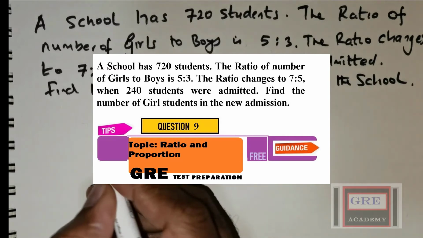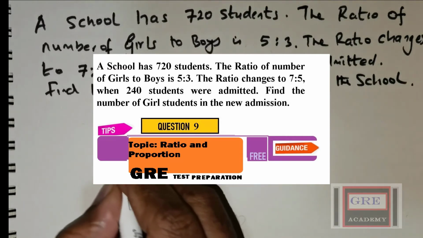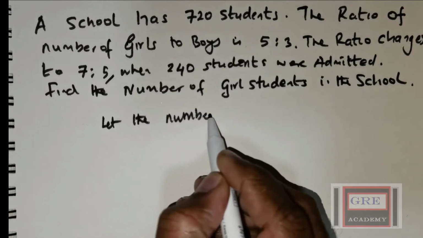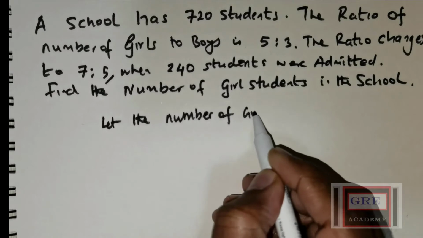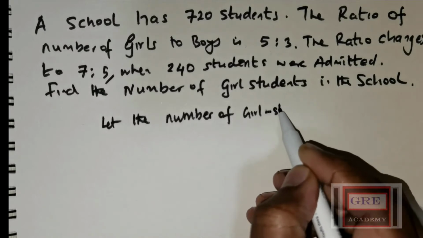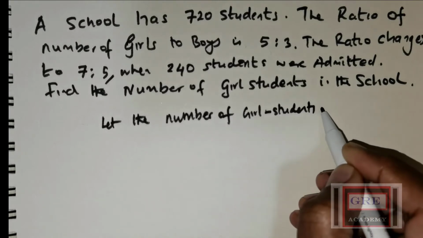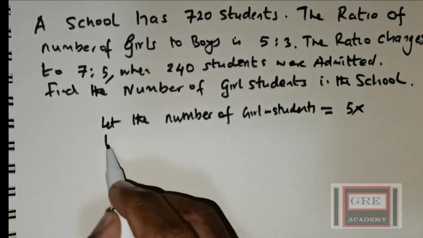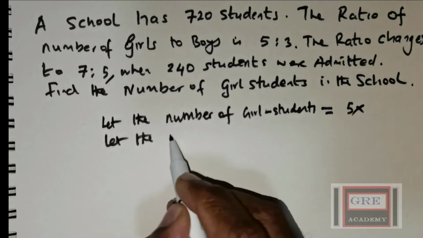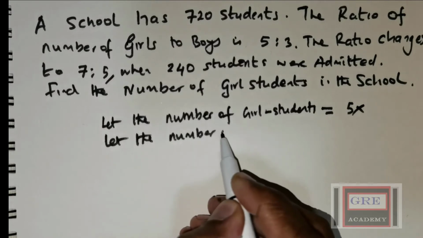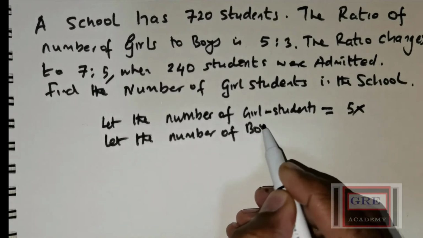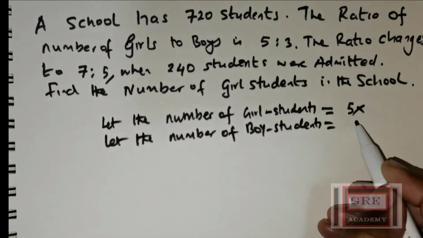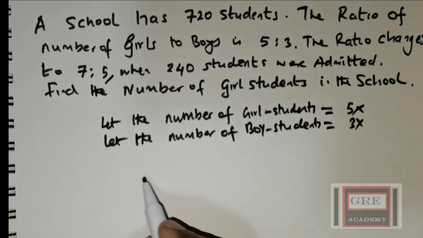So we would start off by making the following assumption. Let the number of girl students in the school be equal to 5x. And next, let the number of boy students be equal to 3x.